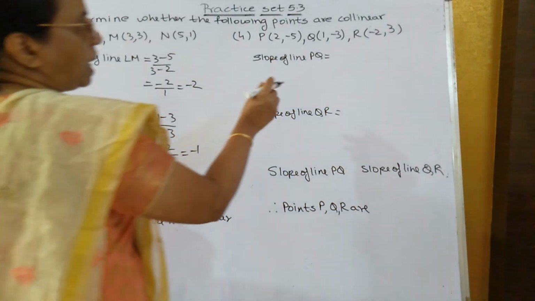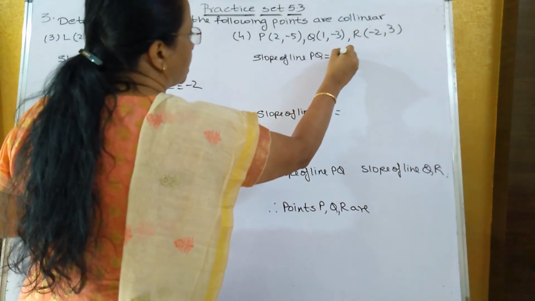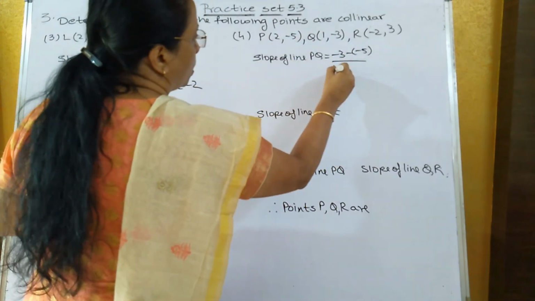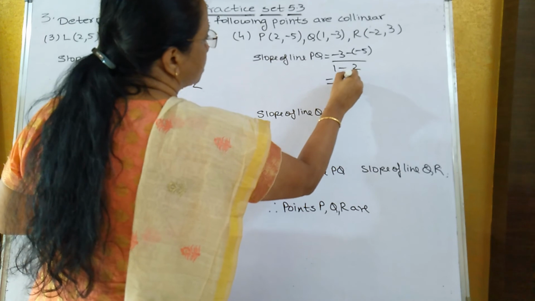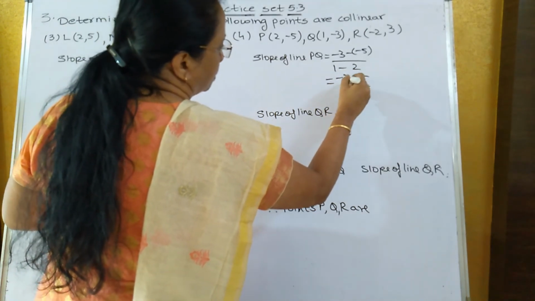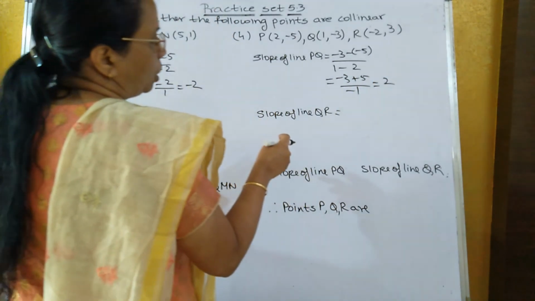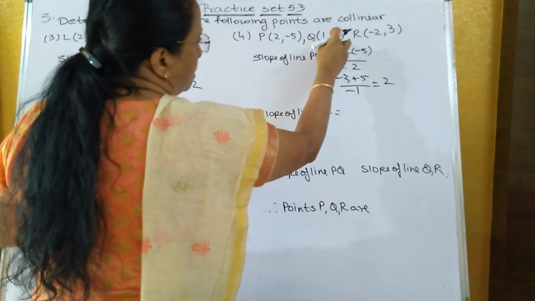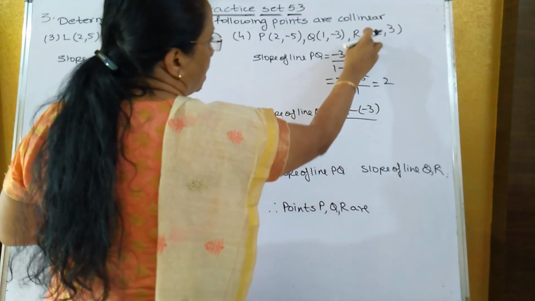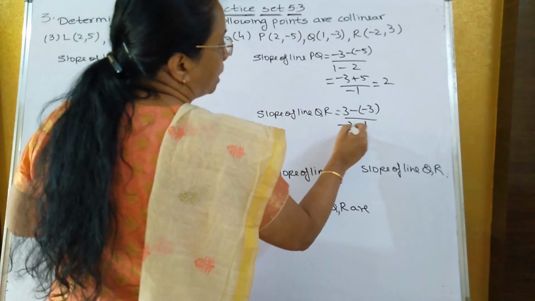Now slope of line PQ. Slope of line PQ is minus 3 minus into minus 5 upon 1 minus 2, that's equal to minus 3 plus 5 upon 1 minus 2, which is minus 1, that is equal to 2 upon minus 1, so minus 2. Now slope of line QR, that is 3 minus into minus 3 upon minus 2 minus 1.